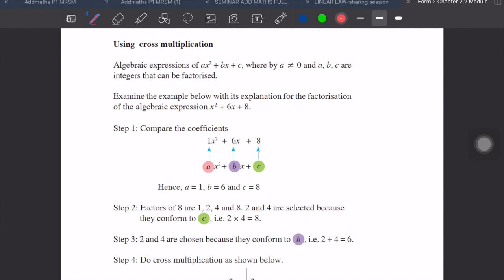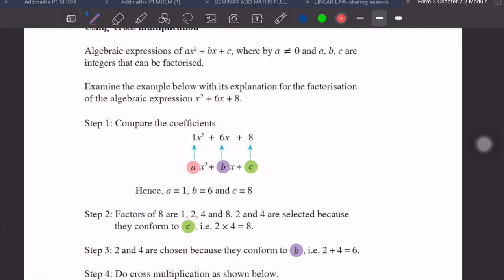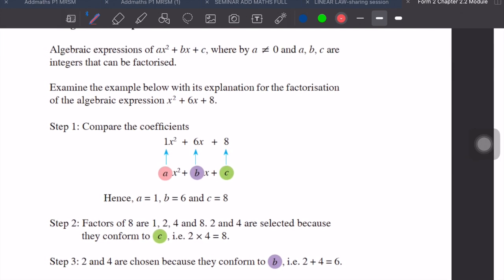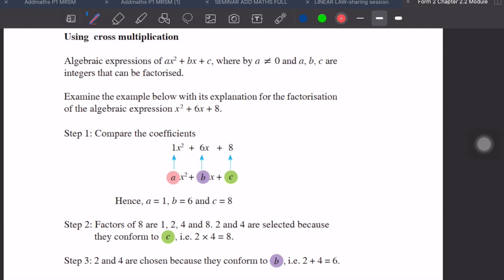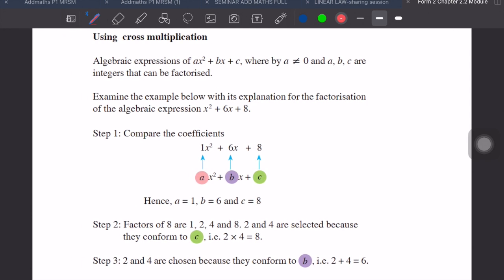Okay. Macam mana nak guna cross multiplication? Okay, before kita belajar cross multiplication, saya nak tunjuk awak dulu, what we call general form. Algebraic expression, ni general form dia. Saya tulis balik.